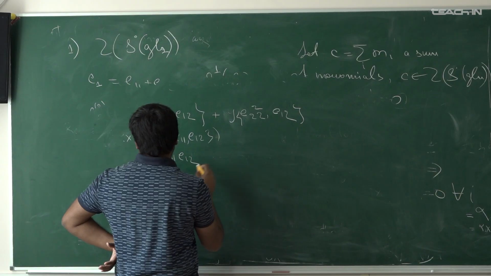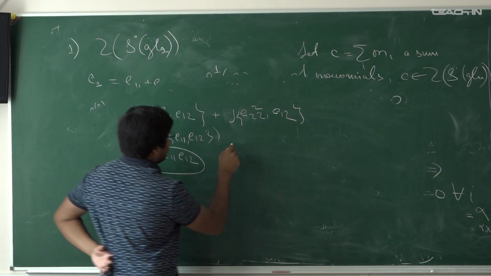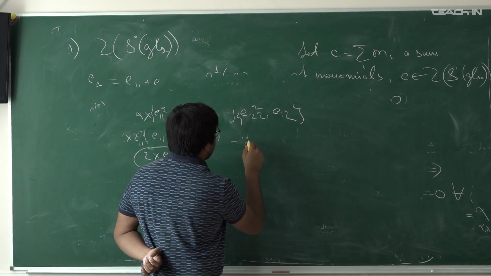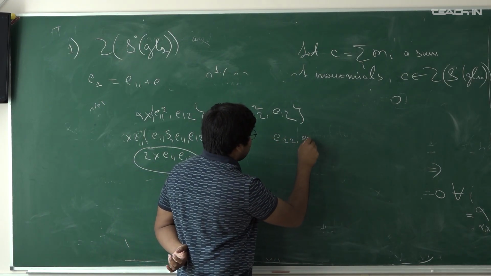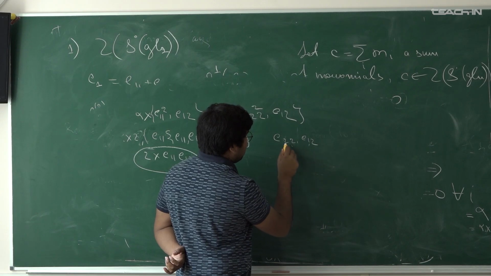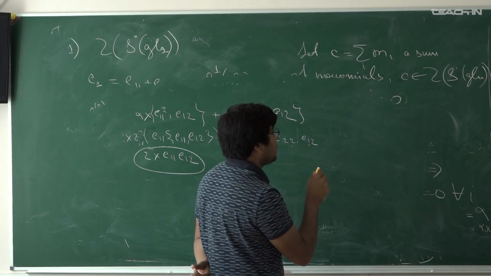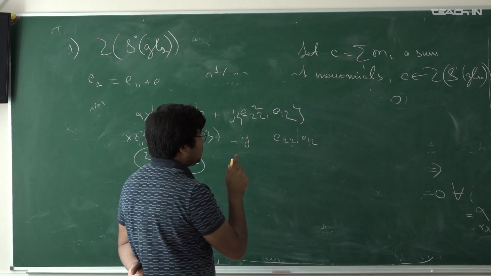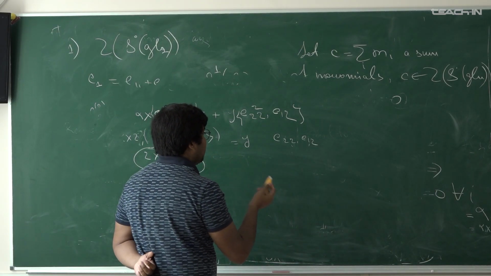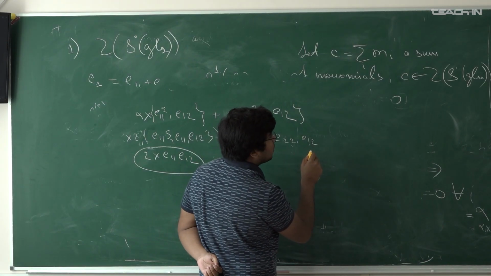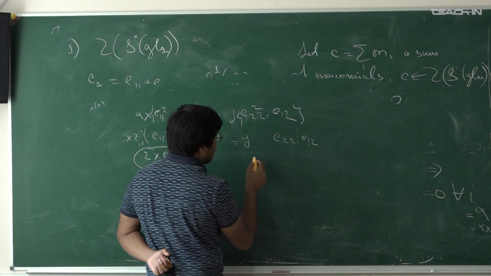What will it give me? It will give me y. This and this will coincide. It means I and L, so it's KJ. KJ is 1, 2.